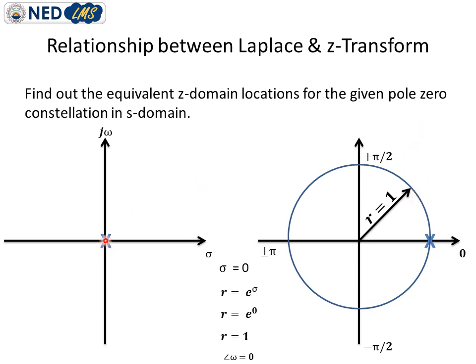But for this pole position, I know that omega is 0 and radius is 1, so the pole is marked at this position where the pointer is placed now. In this way you can easily practice with different pole zero constellations. Just try to find out the radius and angle, and accordingly you can transform the S domain pole zero constellation into the Z domain pole zero constellation.